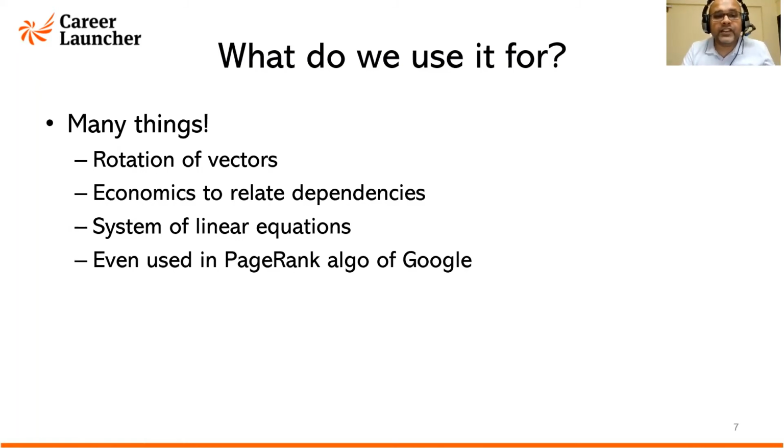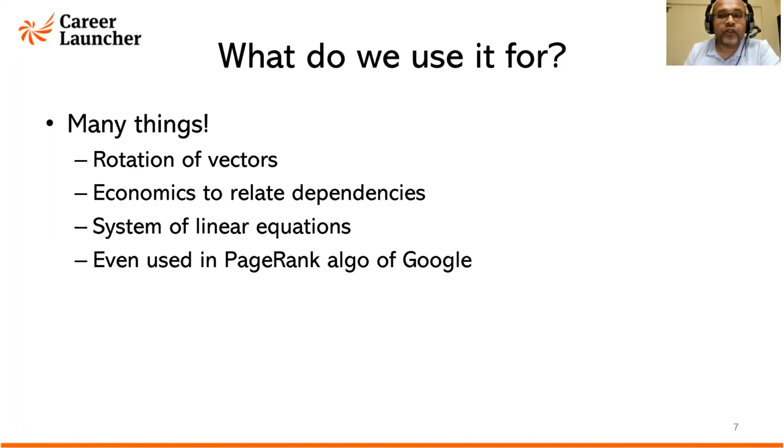Another example, which is very interesting, is that Google uses matrices in its algorithm for page rank. What is this page rank? I'm sure all of you would have searched in Google at some point or the other in life. When you search in Google, you get a list of pages. Now the pages are arranged according to the ranking which Google gives them based on the word that you search.